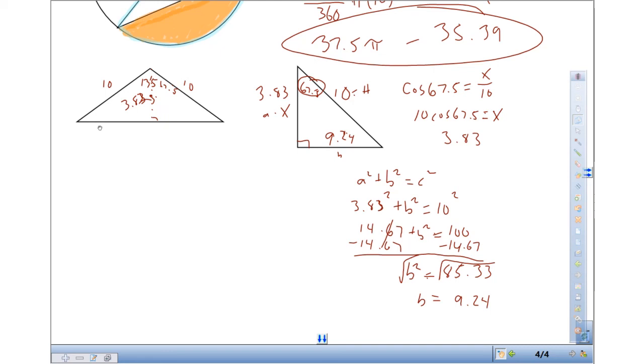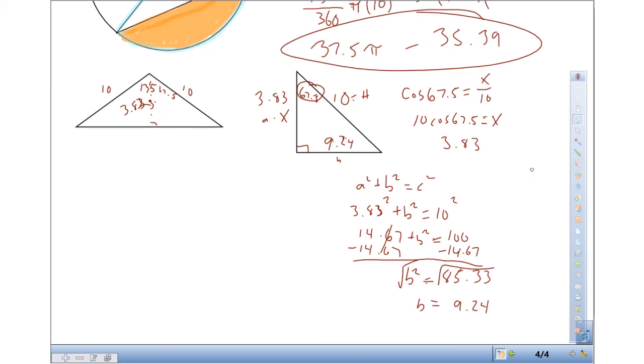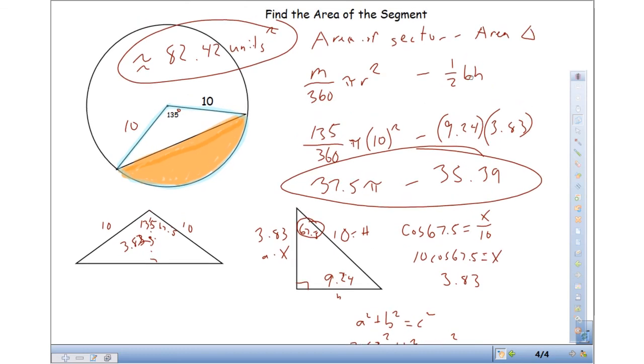Now I could find the whole thing by multiplying 9.24 times 2, but it's kind of redundant because you're going to end up having to take half of it anyway, right? When I use this formula, half the base times the height for the area of a triangle, I already know what half the base is. So there's no use of doubling it and then dividing by 2 again.